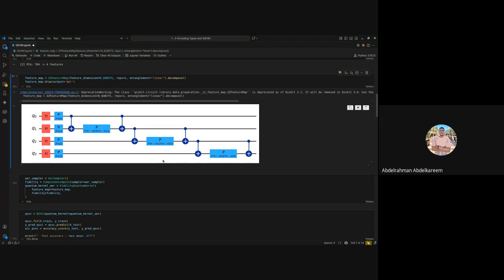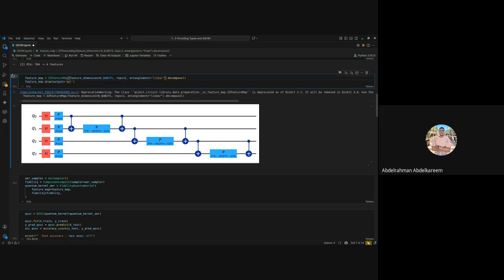So if we want, let's say, a richer representation, there are the layers. So this increases the number of layers of the encoding. If we want a richer representation of the data, we can increase the number of reps.